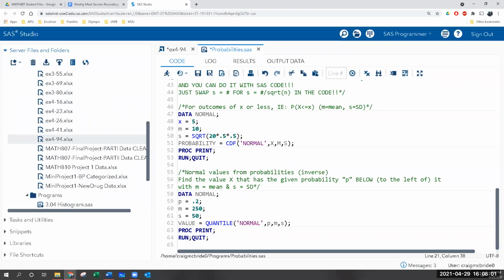Let me just try 20 times 0.5 times 0.5 in the calculator. And let's change that. Maybe something's not working here with the math. 2.236067978. Let's see if that changes things.